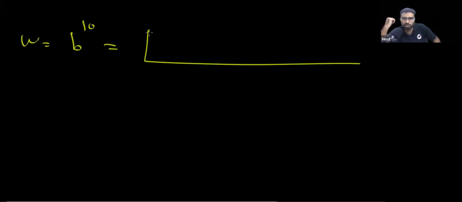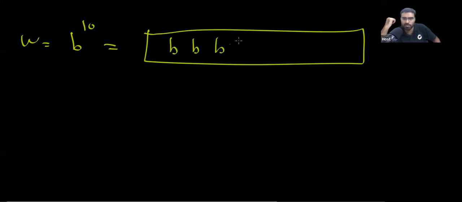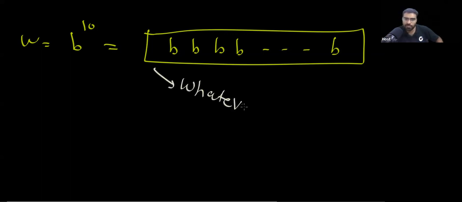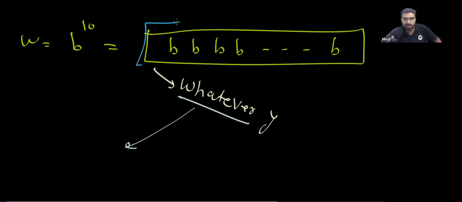See what I'm saying. In this string, your string w equal to b power 10. Now, whatever y you take in this area, if you repeat it 0 times, the resulting string will have less than 10 b's.